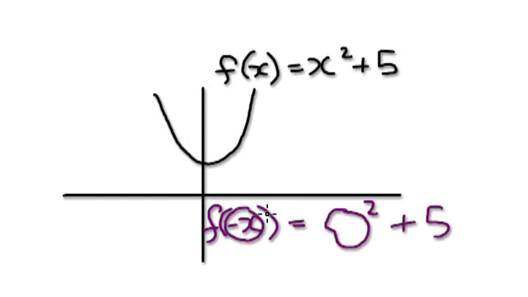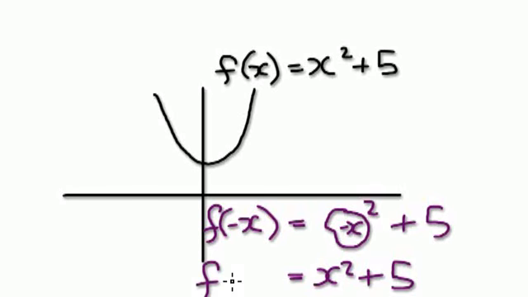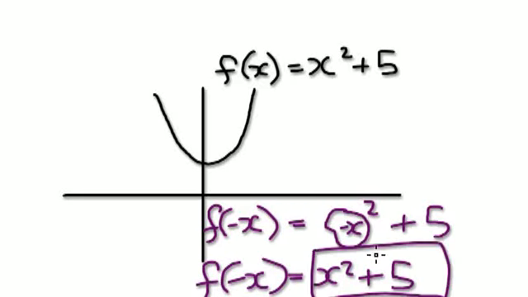So we've got to put the minus x into here. And if you look at this here, this then becomes x squared, because minus x times minus x is x squared. And this 5 stays the same. So you see, after applying this reflection here, it's the same as the original.